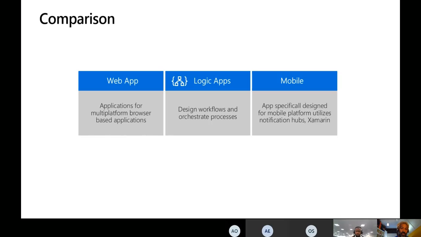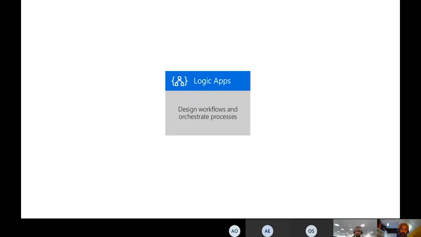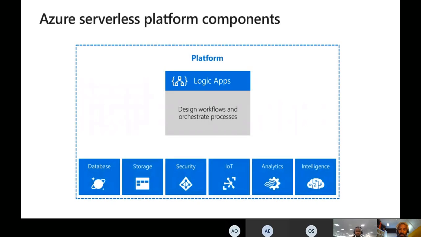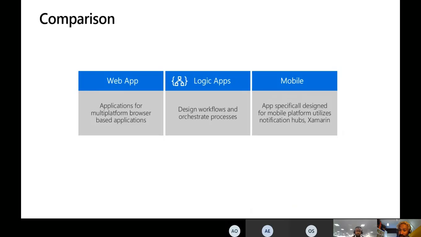When creating mobile apps, it's more an app specifically designed for the mobile platform that will utilize a notification hub or notifications and use Xamarin specifically for mobile device applications.